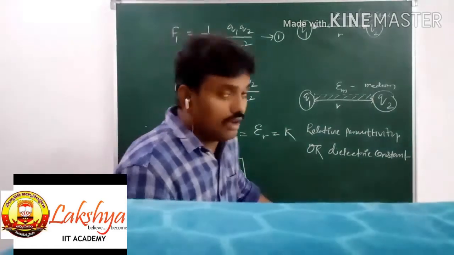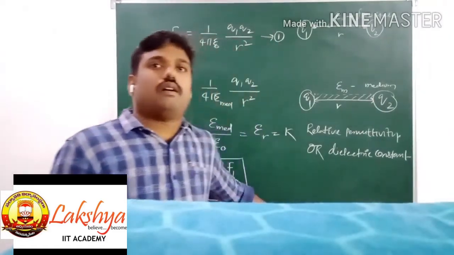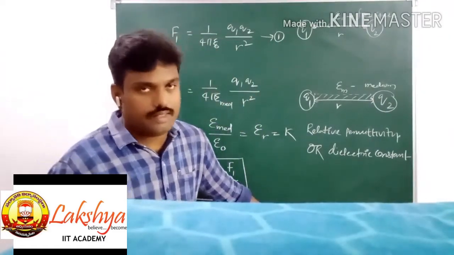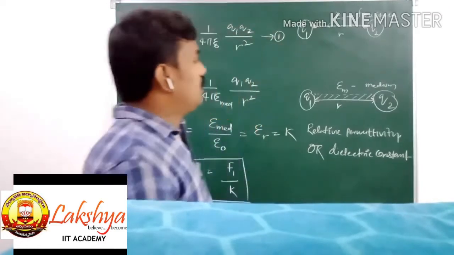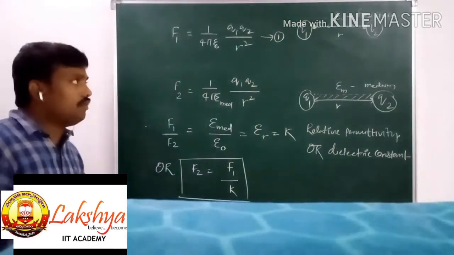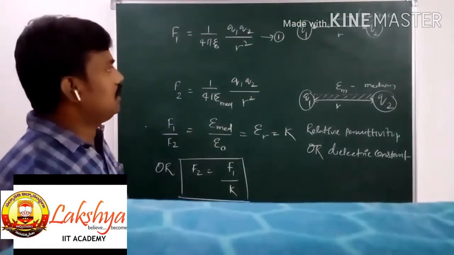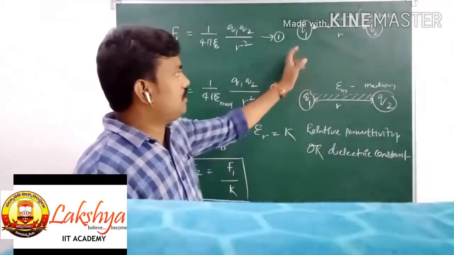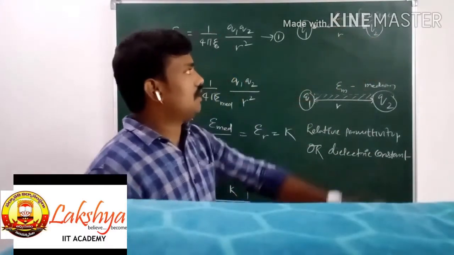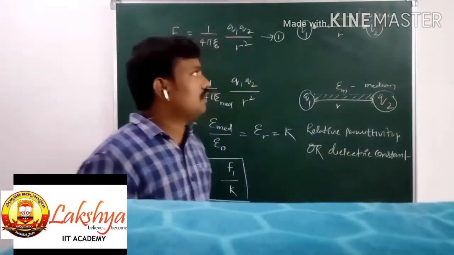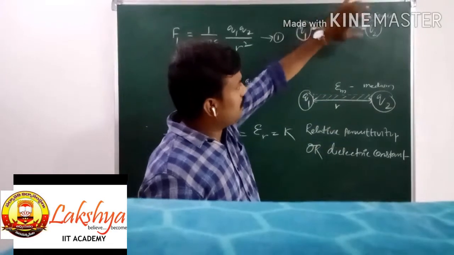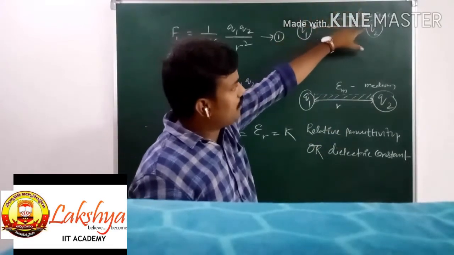After knowing about relative permittivity, let us calculate the force for different situations. Let us take two charges separated by distance r in free space, where epsilon naught is the permittivity of free space.